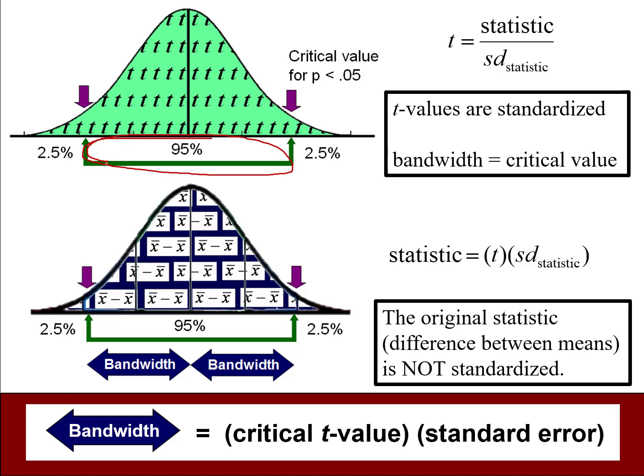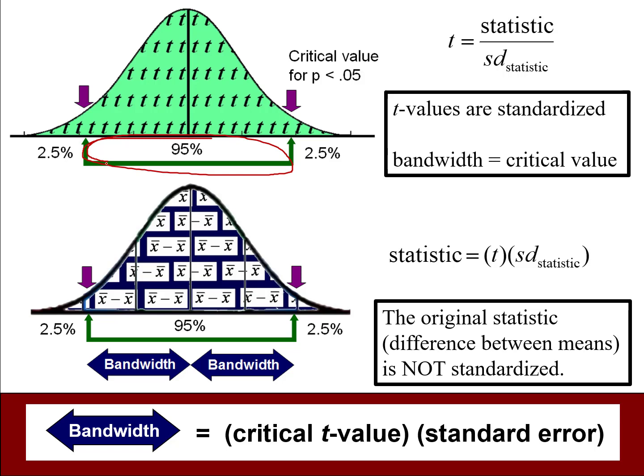I want to give my answer in terms of a range of mean difference values and not a range of standard error values. If I say the true population parameter falls plus or minus 1.96 standard errors, that doesn't really tell me where I think the true parameter is.